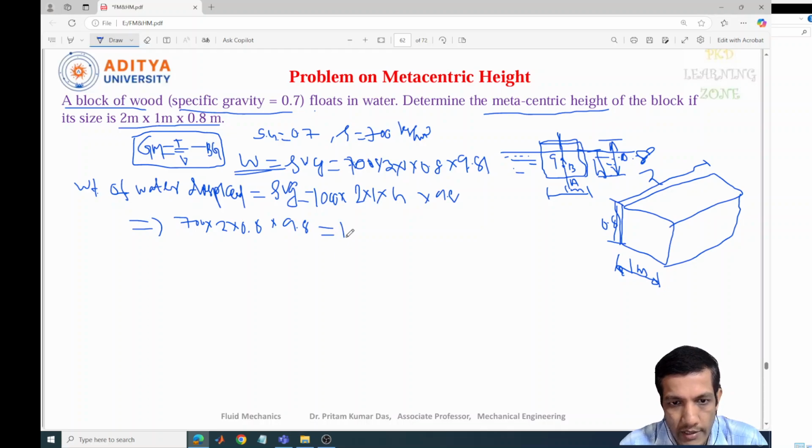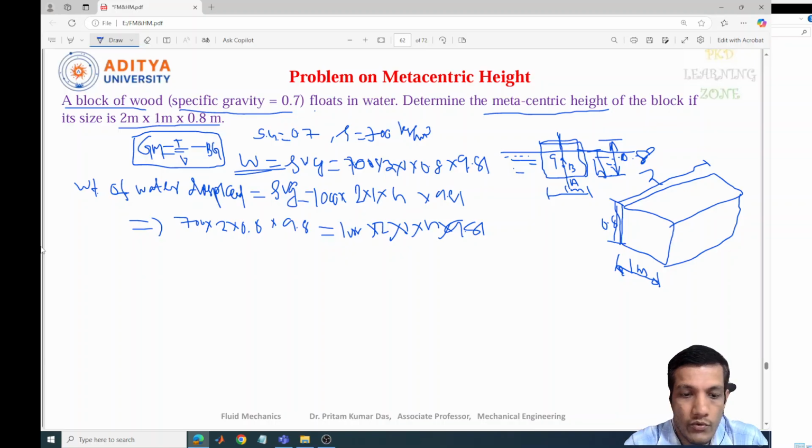Now here also we can write 1000 into 2, 1 and H and 9.81. Okay, now if you solve this, most of the things will be cancelled, 9.81 here, 9.81, 2 cancel everything.